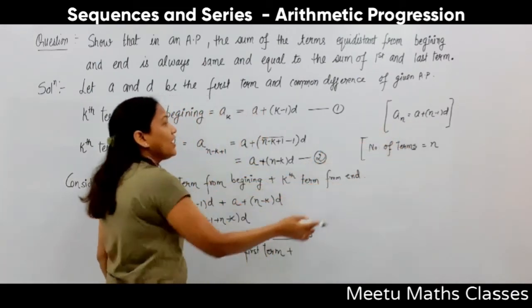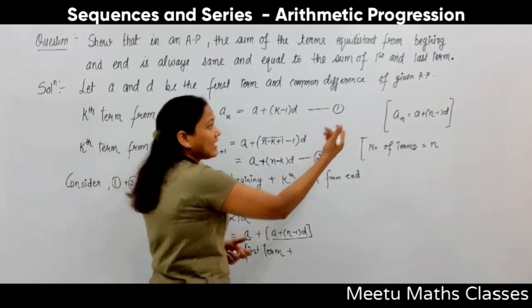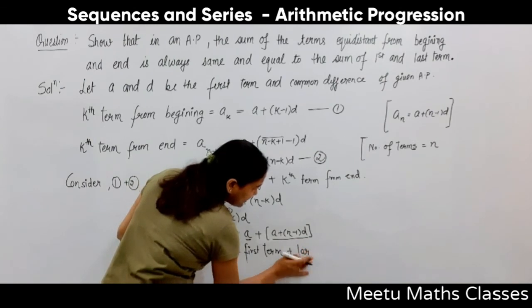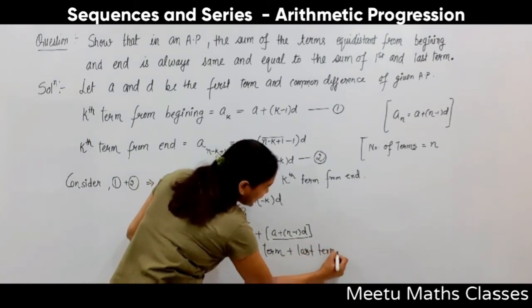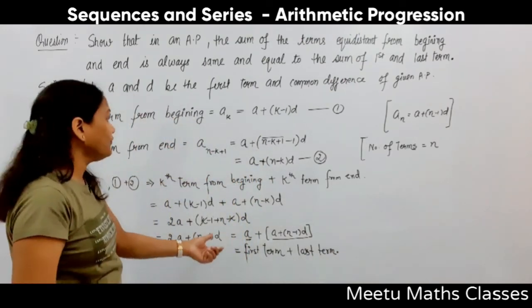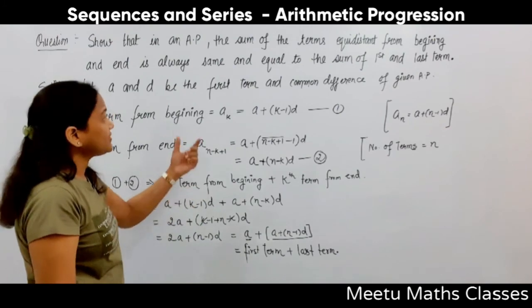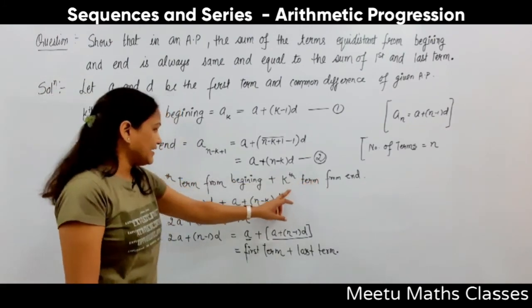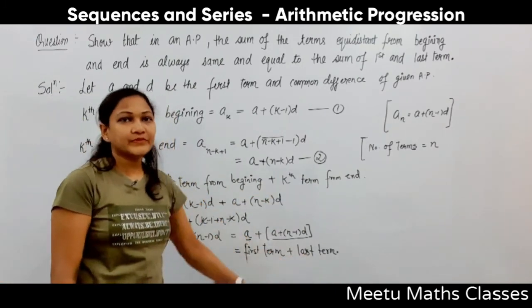If this sequence has n terms, then the nth term will be the last term. So this will be the last term, and we have proved that the sum of the terms which are equidistant from beginning and from end is always equal to the sum of the first term and last term.